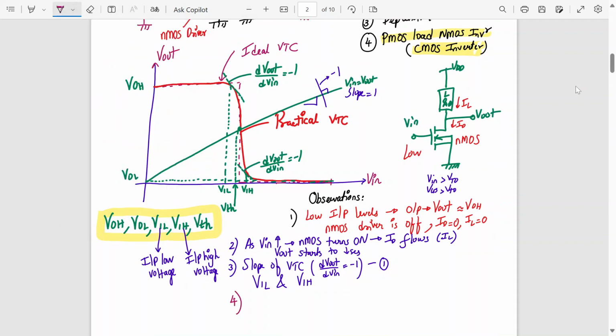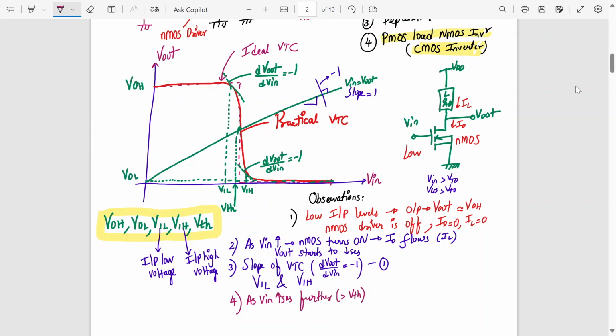Next is, as you go on increasing the value of Vin further, let's say it is beyond VTH now. So Vin increases further, beyond VTH also now. So what will happen now?